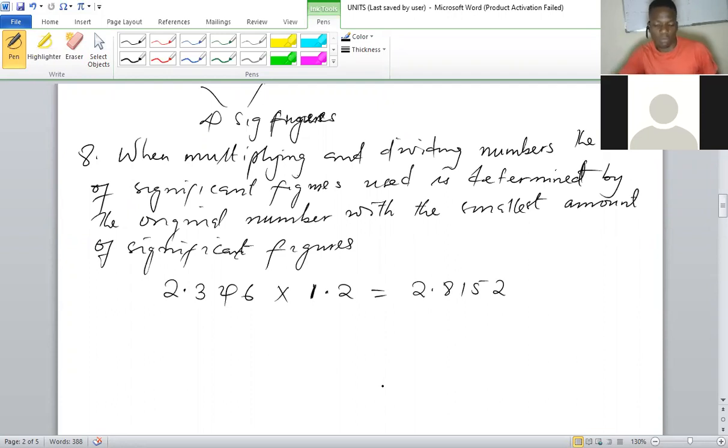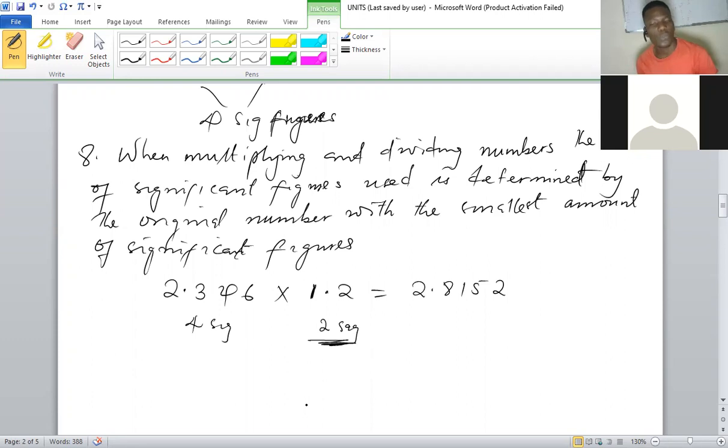Since you are multiplying, you have to get the least. This one has 4 significant figures, and this one has 2 significant figures, meaning the answer should have 2 significant figures, because the answer is influenced by the one with the least significant figures.